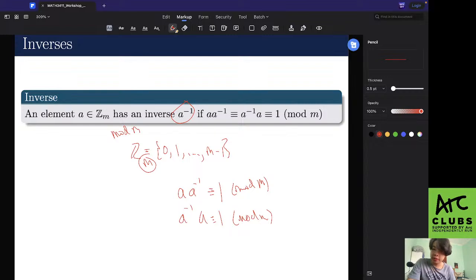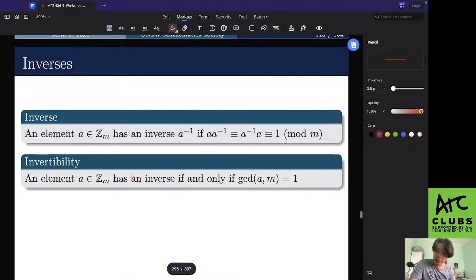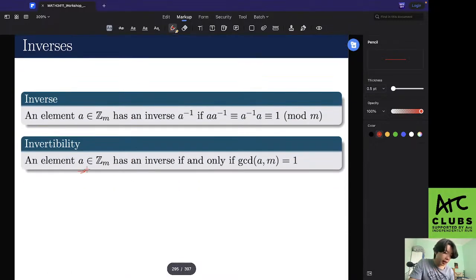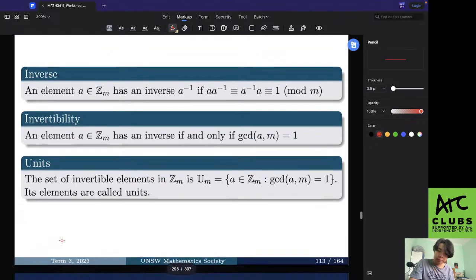And that's what we call an inverse. But inverses don't always exist. So when do they exist? Well, they exist when a and m have a greatest common divisor of 1, which you can find from the Euclidean algorithm. So if the GCD is 1, then it has an inverse.